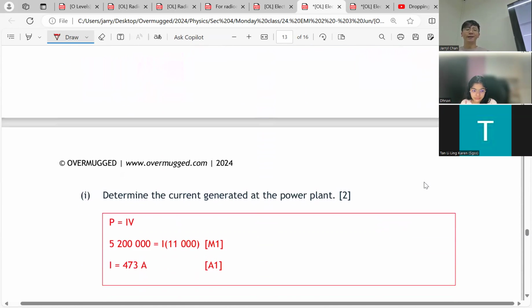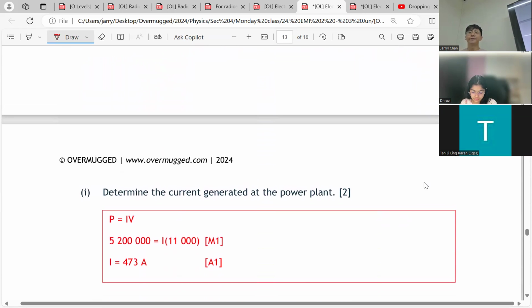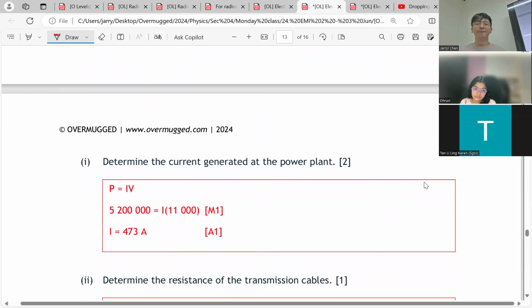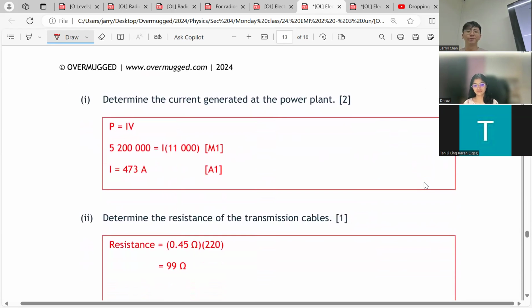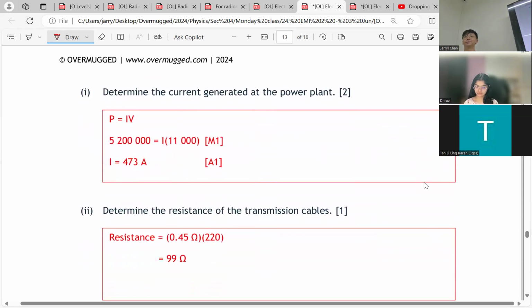P equals VI, so current equals 473 amperes. Resistance of the transmission cables is also very straightforward: 0.45 ohms per km, for 220 km, it's going to be 99 ohms.